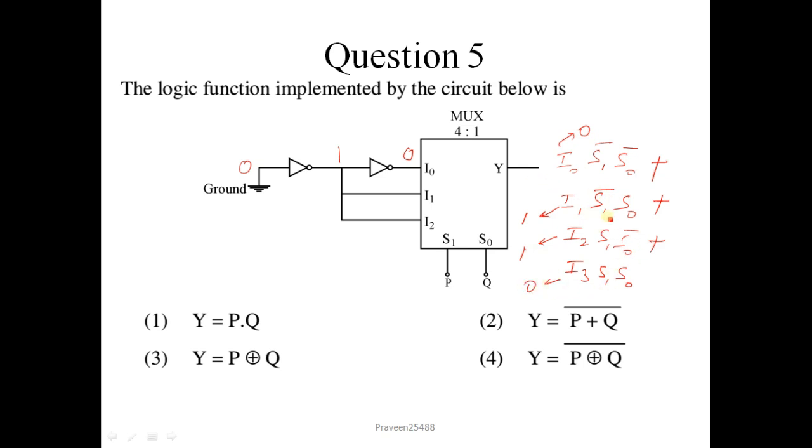So output Y would be S1 bar S0 plus S1 S0 bar. S1 S0 is P and Q respectively. So this expression is for XOR operation. So correct option is P XOR Q. Correct option is third one.